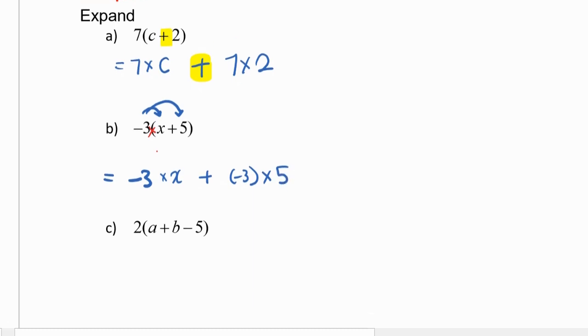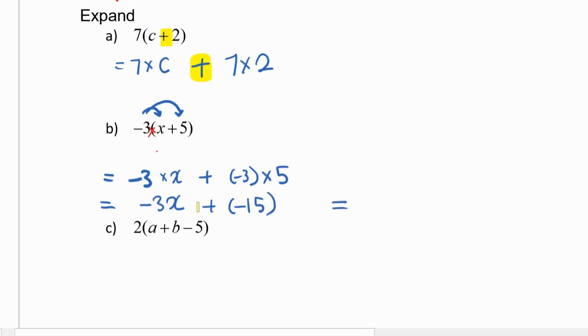Alright? Okay, so we're going to simplify it. If you simplify it, it will be negative 3x plus negative 3 times 5, which is negative 15. So plus negative 15, right?